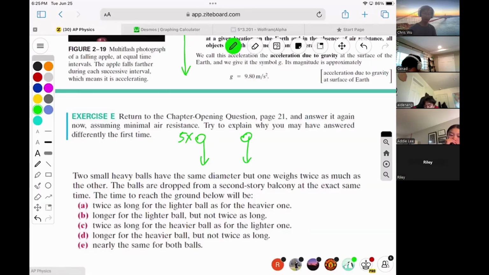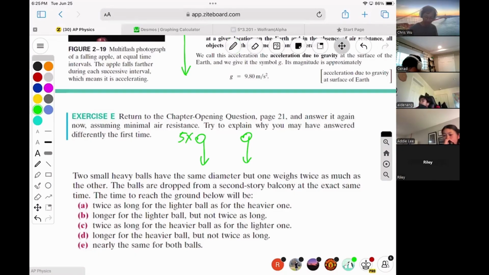We're not going to dive into the exact details of why, because kinematics is the study of how things move, not why things move. That comes from dynamics, which is unit 2. We'll do that later. But for now, just know that if you drop something, as long as air resistance can be ignored, they're going to drop at the same rate.